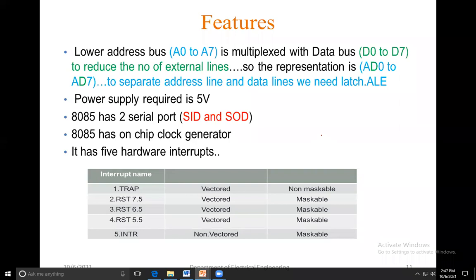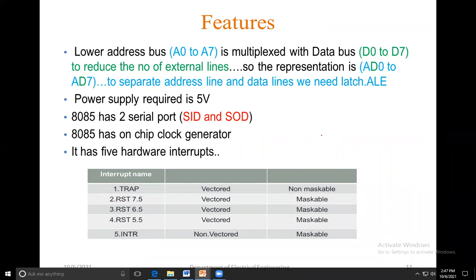Proper definition of non-maskable: stop the current executing program and do the interrupt that has come to you first. First do the interrupt that has come to you, and after finishing that interrupt work, then you go to the main program. This is called the non-maskable interrupt.